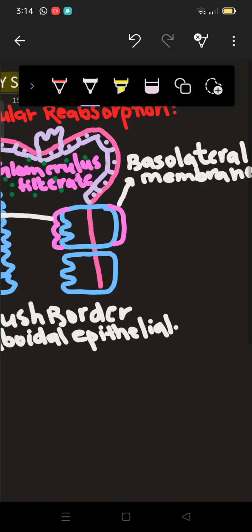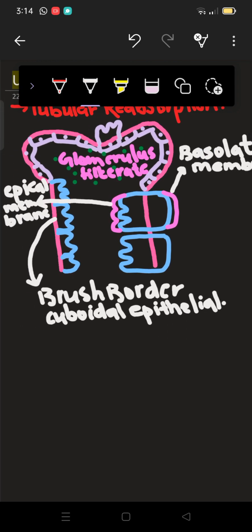So there are two membranes. The first is the apical membrane, and the second is the basolateral membrane.